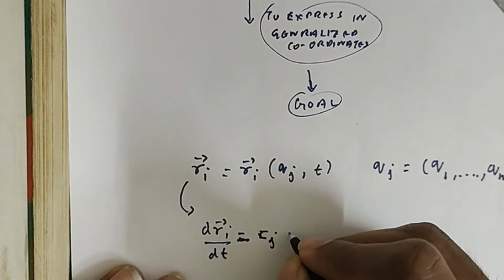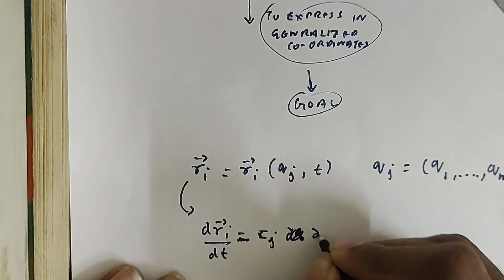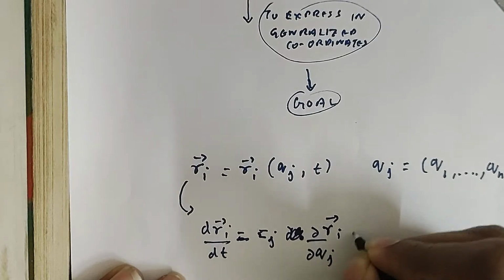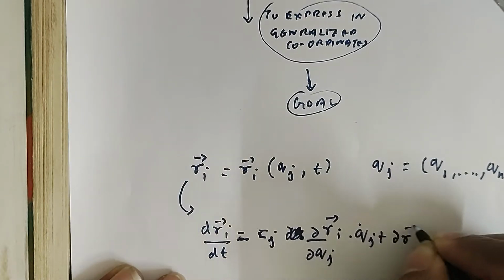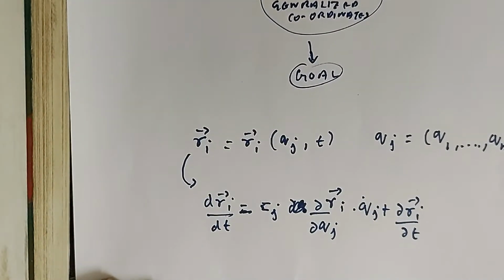Summation over j, ∂r_i vector by ∂q_j times q_j dot, plus ∂r_i by ∂t. I did nothing but just use the product rule.